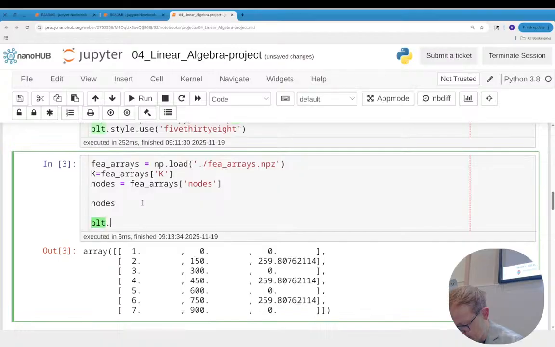But we can see this. So if we wanted to plot nodes : 1, nodes : 2, make all those squares.